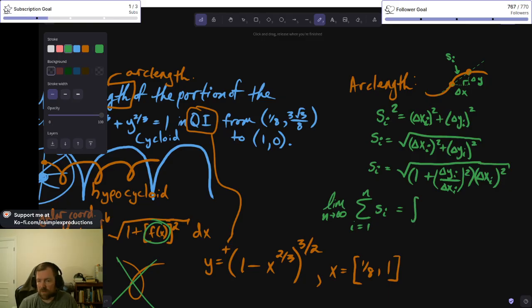So this is going to be the integral from a to b of square root 1 plus delta y sub i over delta x sub i is, oh, you know what? I messed up. That should not be f of x squared over here.